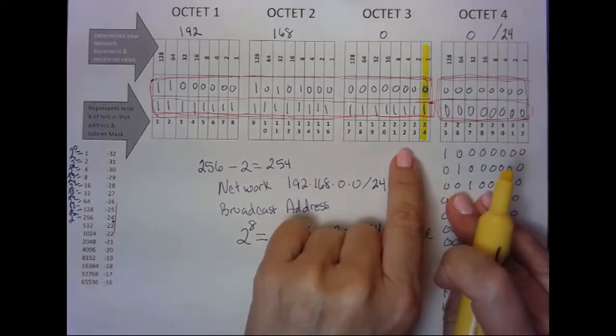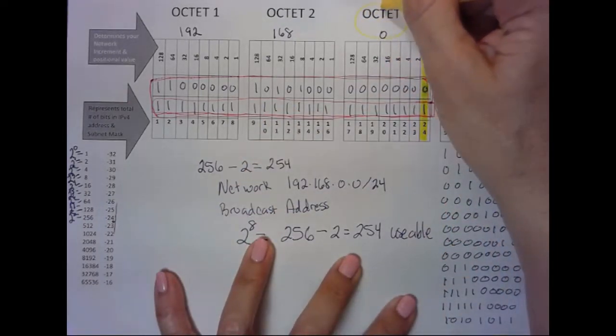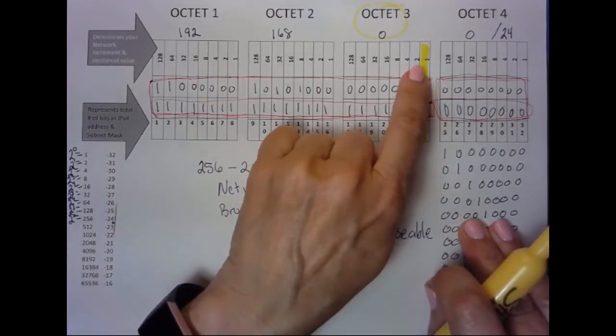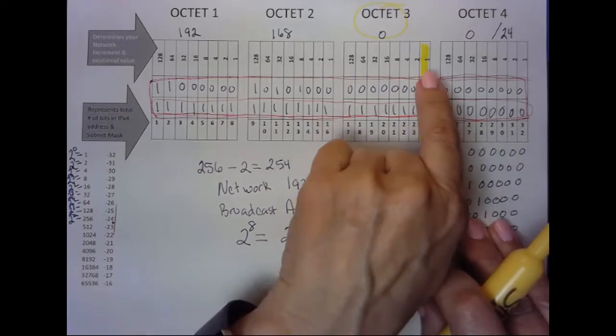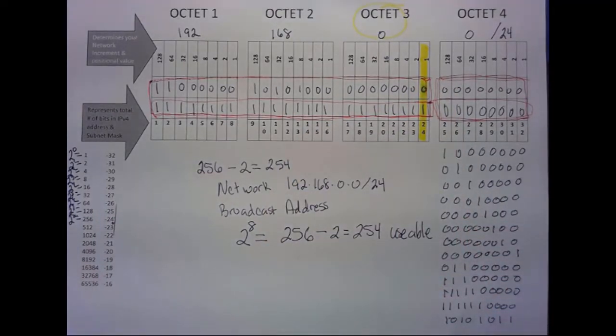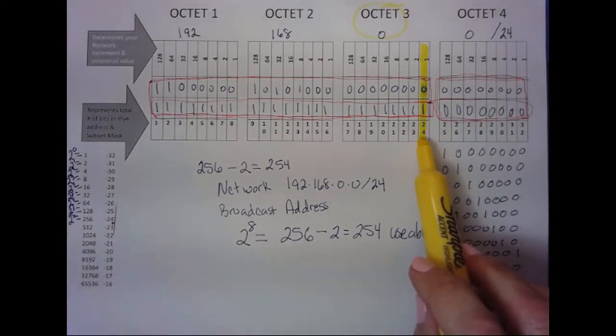So what I want you to see is that it's in the third octet, and the positional value is 1. So the magic number for a /24 is 1.